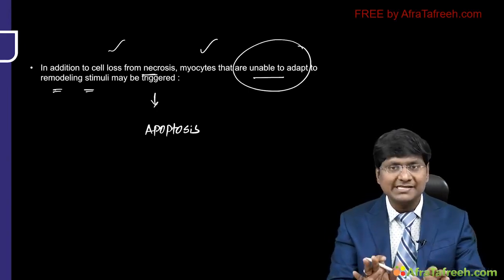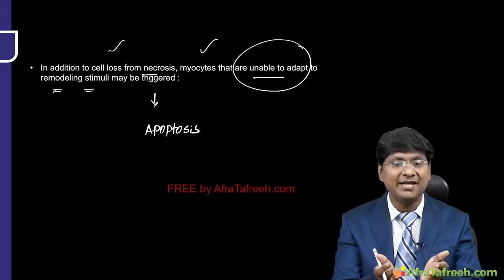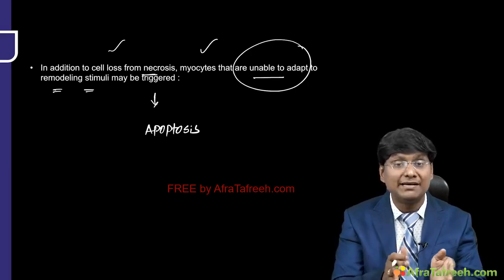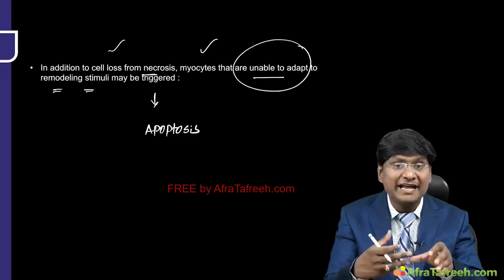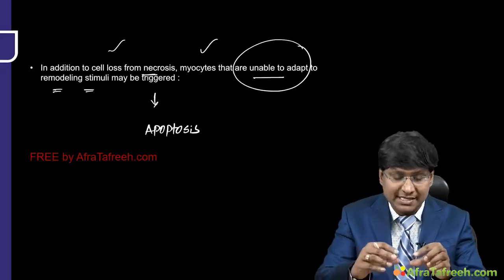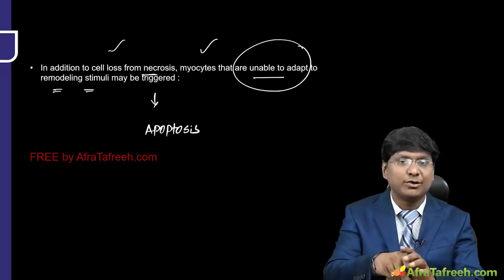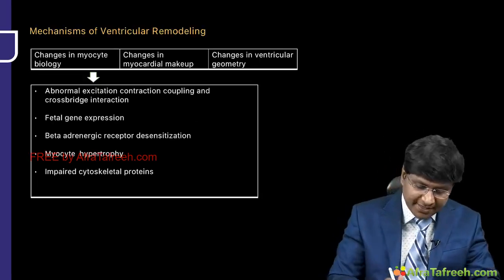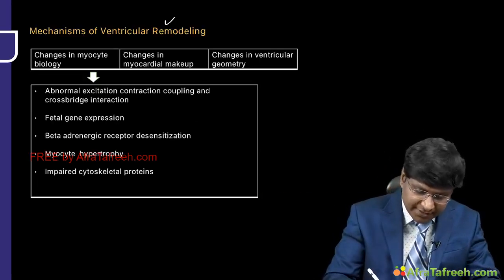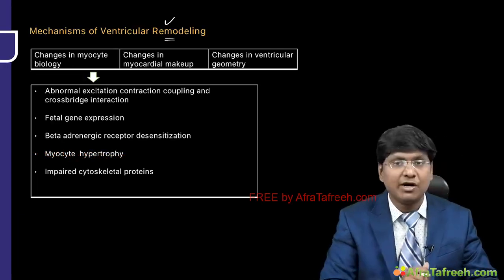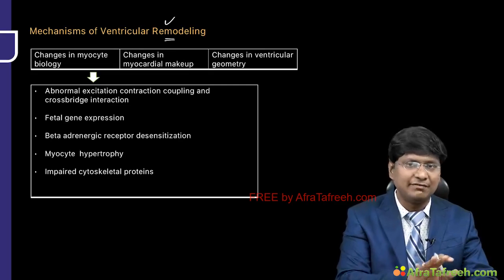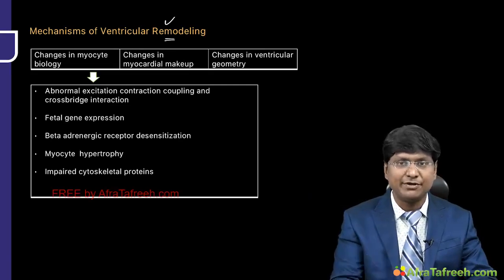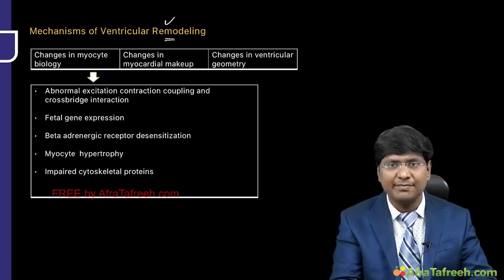So these are the changes happening at the cellular and molecular level. What is the mechanism within the myocyte? Just now I discussed the changes at the level of the myocyte, that is, myocyte hypertrophy as well as interstitial fibrosis.